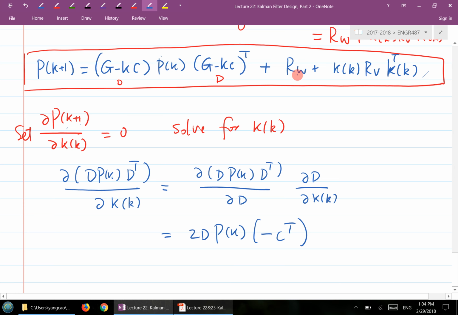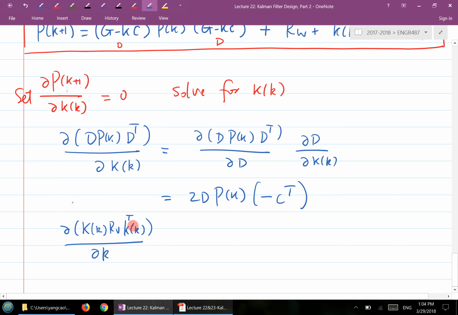The last one is the partial derivative of k Rv k transpose over k, so 2 k Rv.